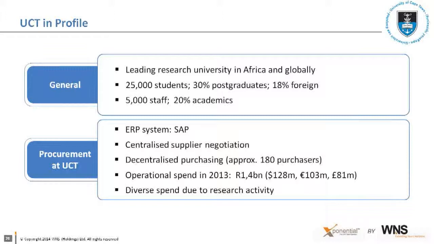That's spend over which we had some sort of discretion in terms of operations, and I think you should be able to see the equivalent in dollars and pounds and euros. We have a very diverse spend because of our wide research activity, and that adds a significant factor in terms of how we do things.